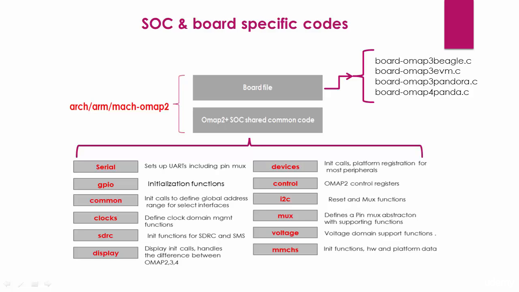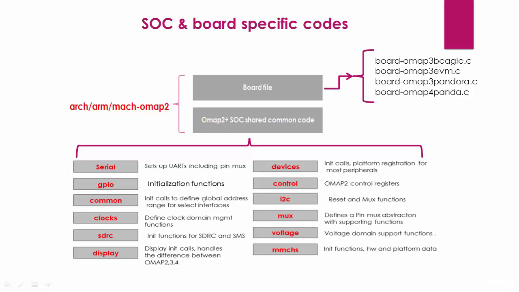Like SPI controller, I2C controller, high-speed MMC controller, clocking engine, GPIOs, serial ports, etc. So you will find various C source files here related to different peripherals which will help you to initialize those peripherals and provide lots of helper functions to deal with those peripherals, including pinmuxing related helper functions.